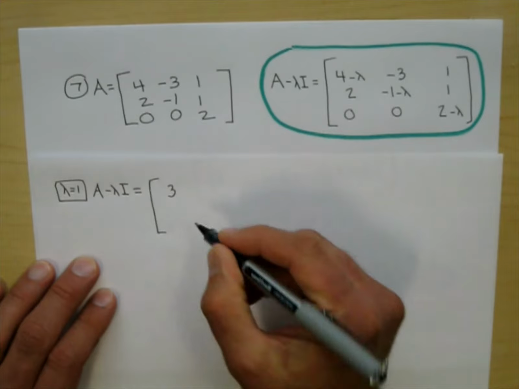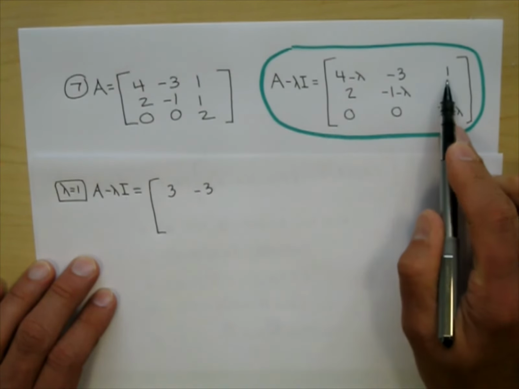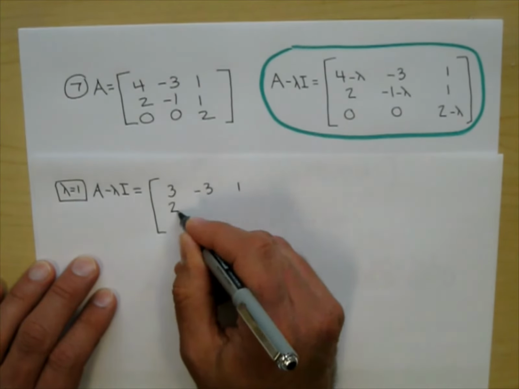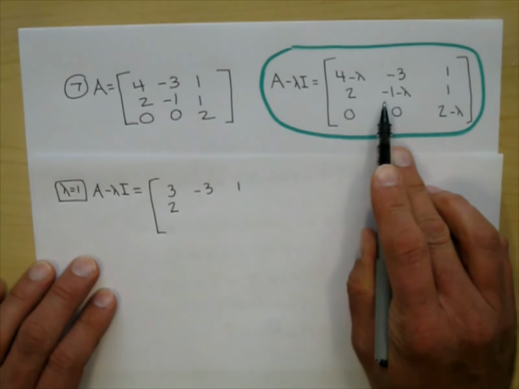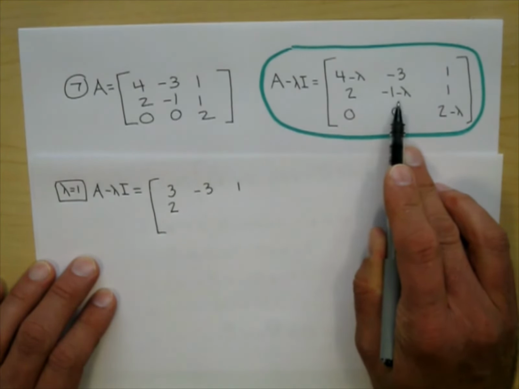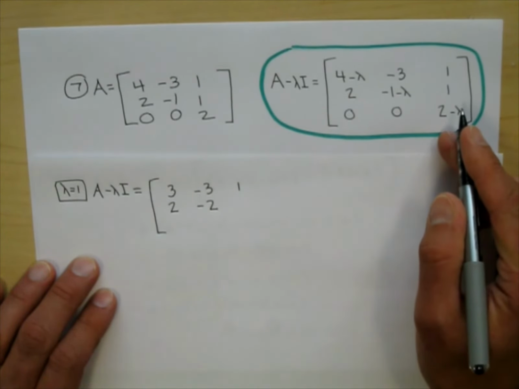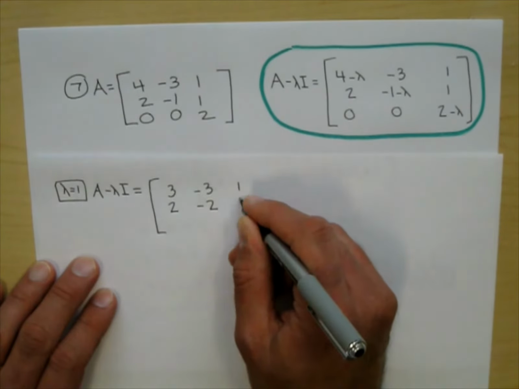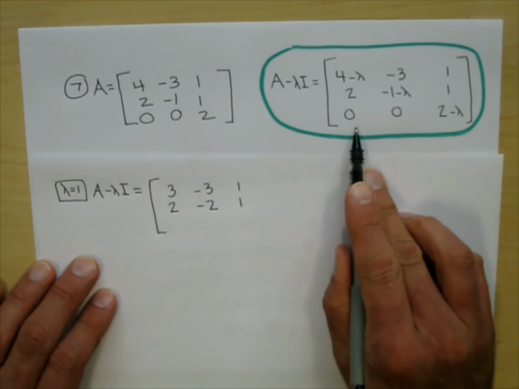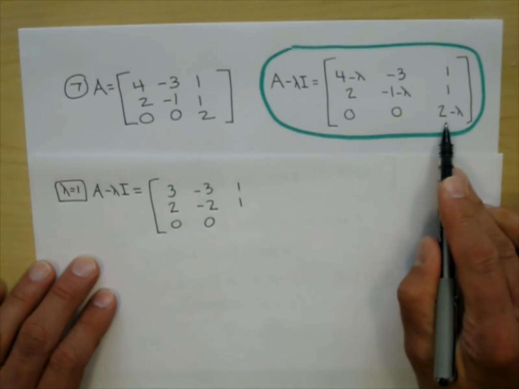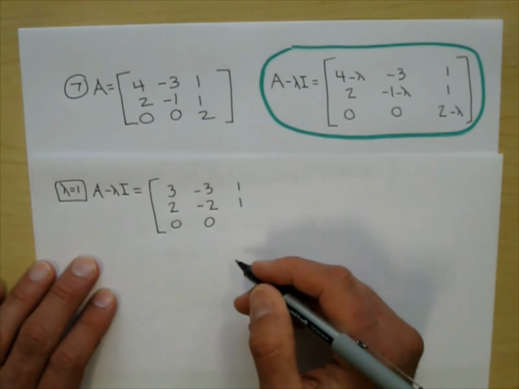Then I have a negative 3, 1, 2, negative 1 minus a 1, so that's negative 2. And we have 1. The last one is 0, 0. 2 minus 1 is 1.